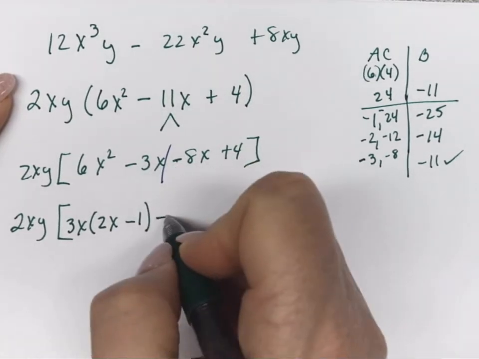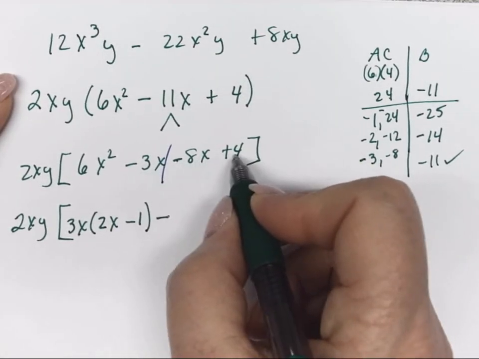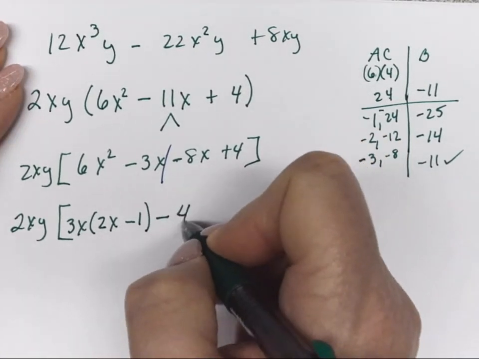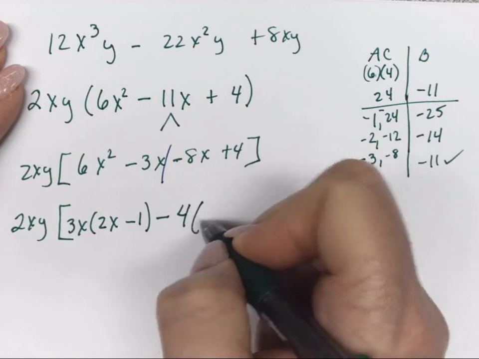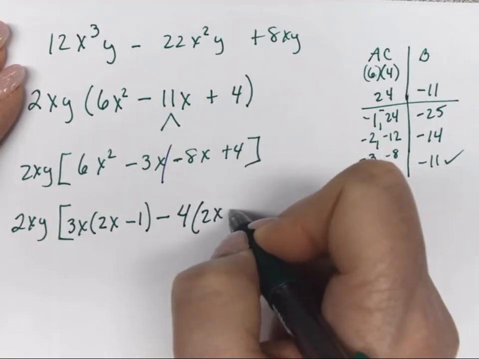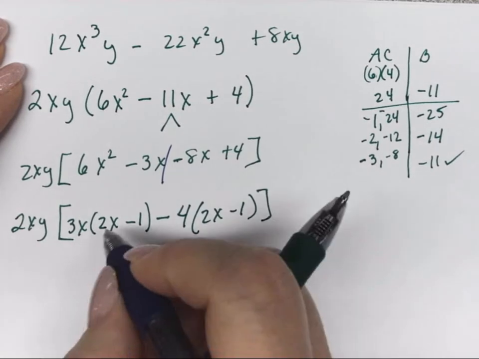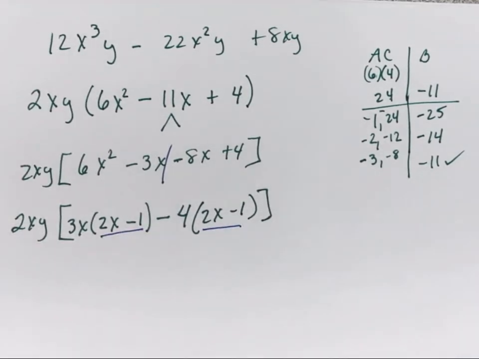Bring down our sign. 8x plus 4 means we can factor out a 4 between those two, and we end up with 2x minus 1. Did we have it right? Yes, we do. We did it right because our parentheses match again.